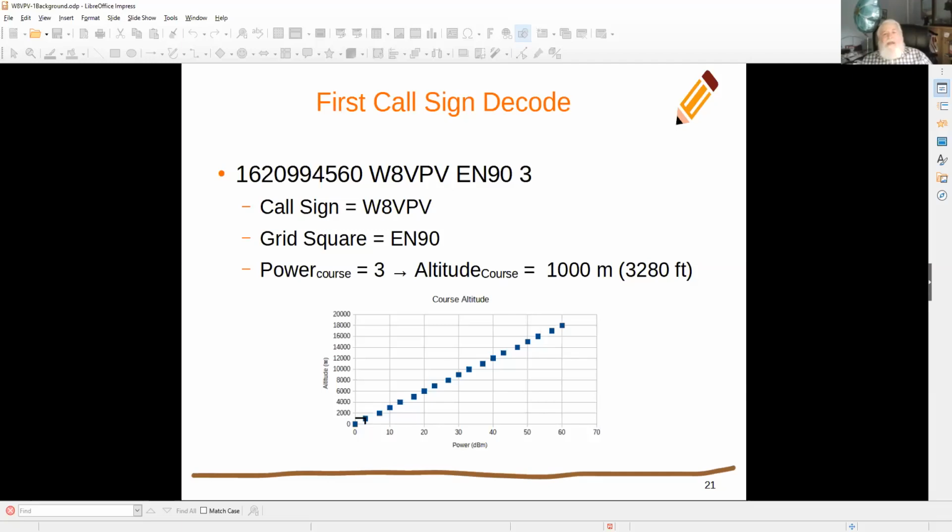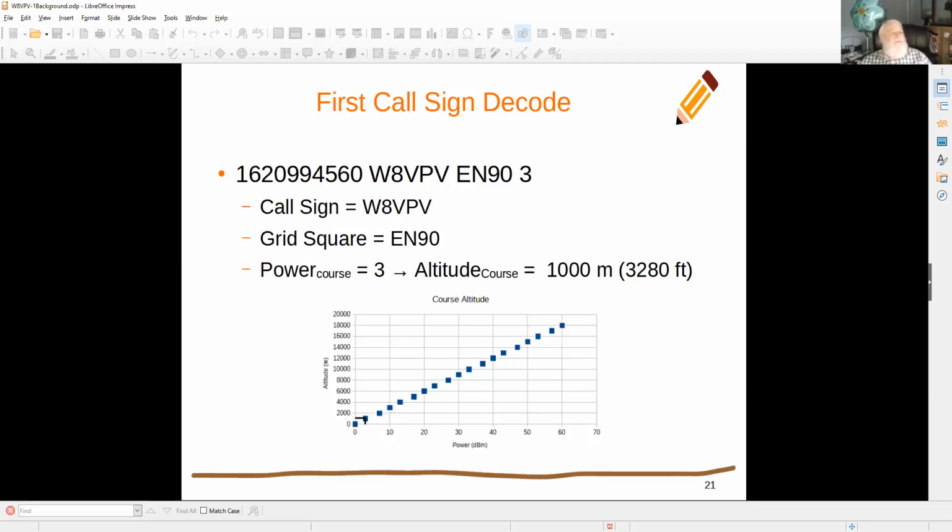Then you can see EN90, Mel's house, or the lake, I guess is what I should say, is in EN90. And then there's 3, that's the coarse altitude here.